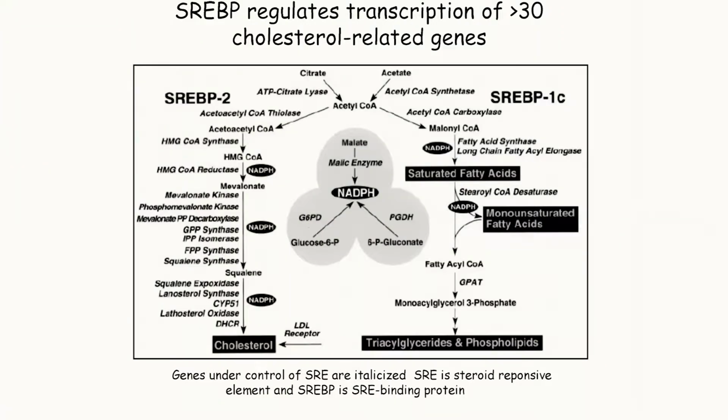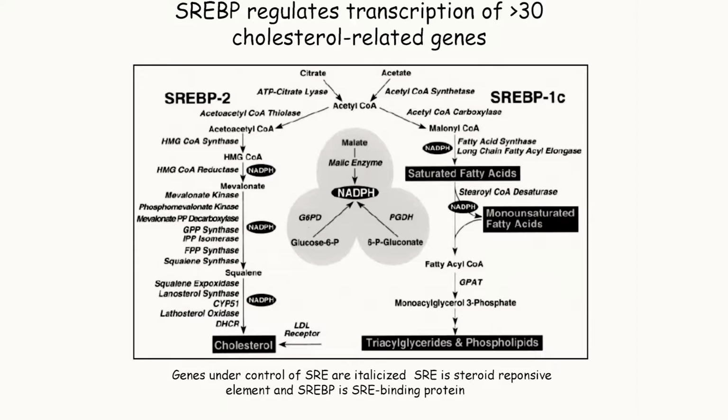Okay, so if we look at this, and this is an old slide, so this might have changed, but all of the enzymes in italics are regulated by SREBP. So to me, here's acetyl-CoA. What do we see in this pathway? We're making cholesterol.